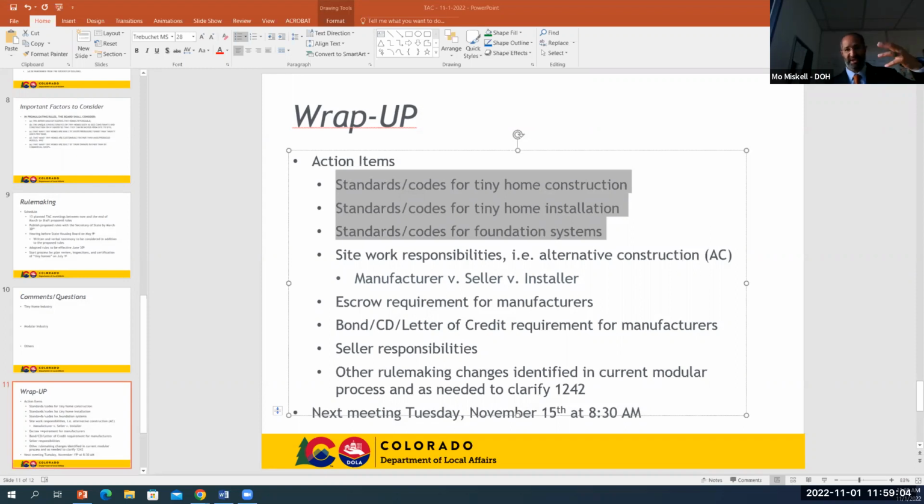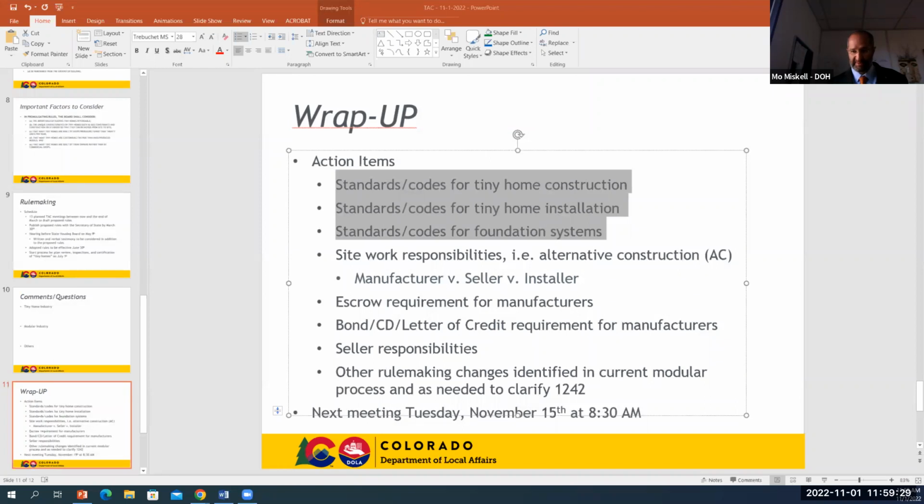So really, it's three categories, right? Construction, the structure. The third one, what the structure is going on, and the middle piece, how does that structure get attached to that foundation? So I view them as three pieces, but they're all connected. No pun intended. But your point is a good one. It could probably fit into there as well.